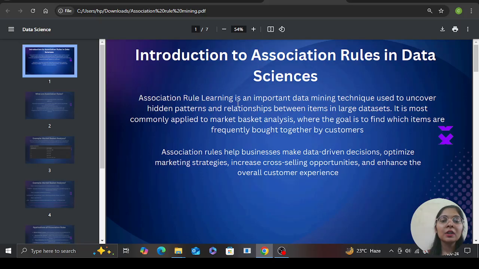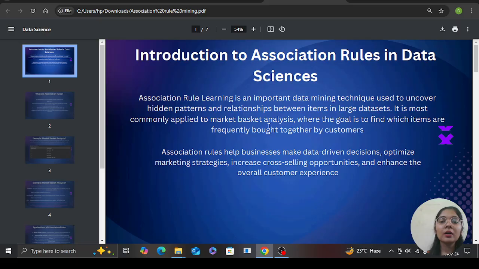Now starting with our first introduction, association rule learning is an important data mining technique used to uncover hidden patterns and relationships between items in large data sets. It is most commonly applied to market-based analysis, where the goal is to find which items are frequently bought together by customers.